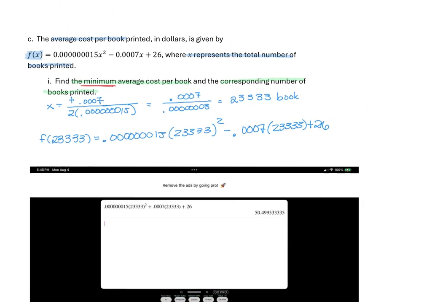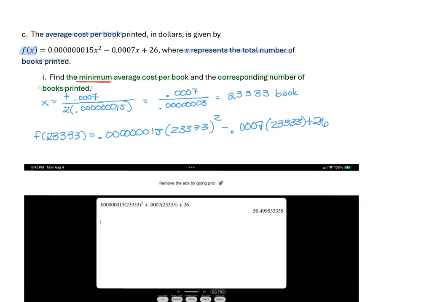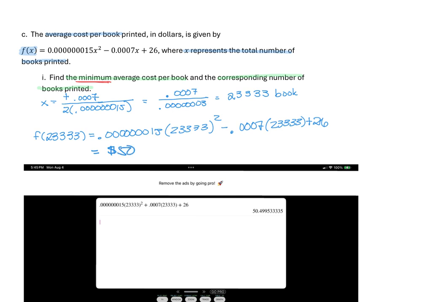And again, remember, what is it we're looking for? This is the average cost per book. And so we're just going to say $50 is the average cost per book. Minimum. Sorry, I should have put that there.